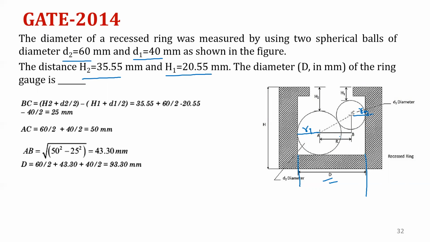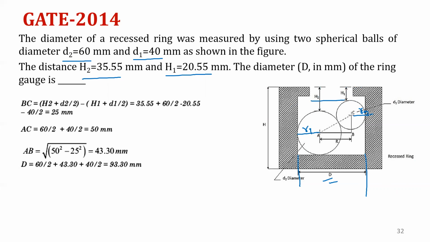So you have to find out CB and AC. BC you can find from the heights H1 and H2.